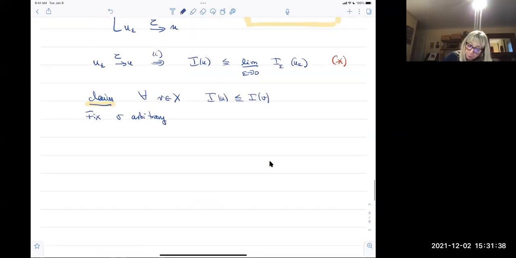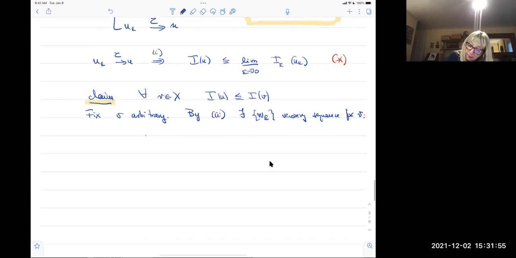So by 2i, I know that I can find a W epsilon, which is a recovery sequence for V, in that W epsilon converges in tau to V, and I of V is actually the limit of I epsilon of W epsilon.